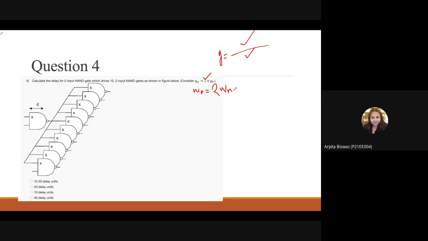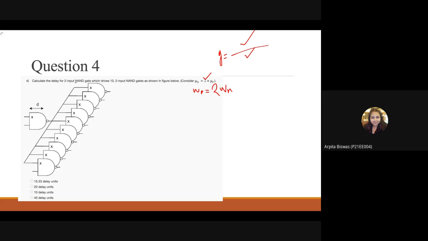At first, calculate the logic effort G. Then try to calculate F. At first try, then I will calculate it. I'm giving the hint. Calculate the delay.